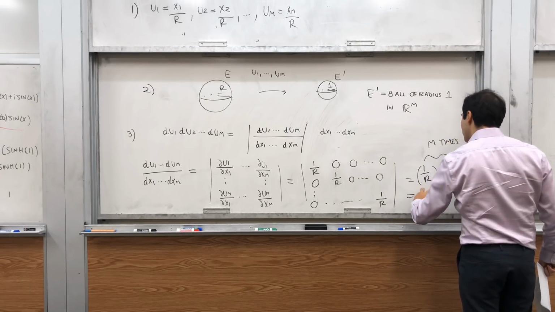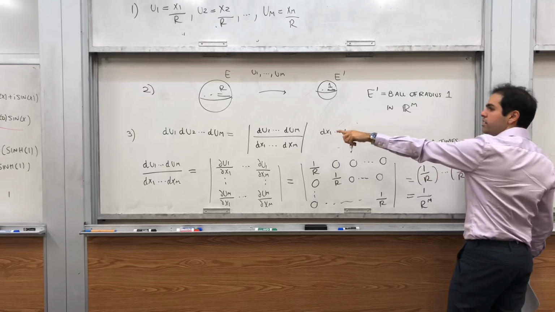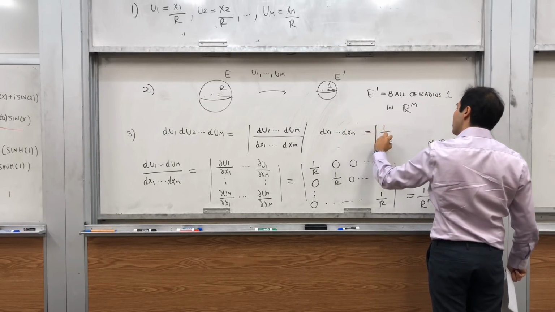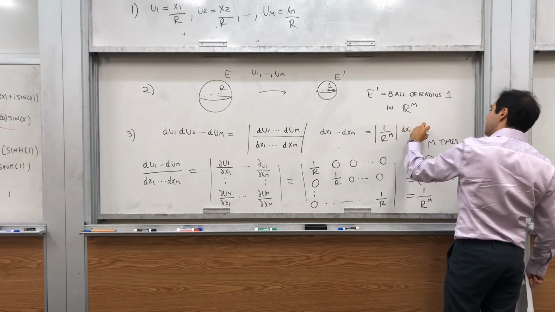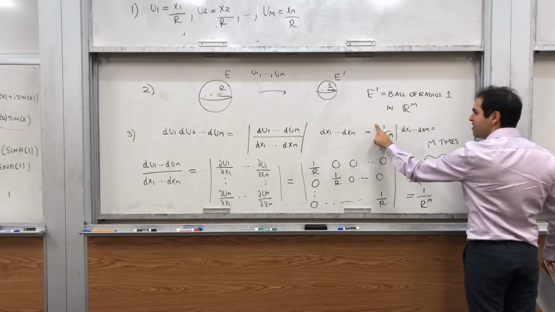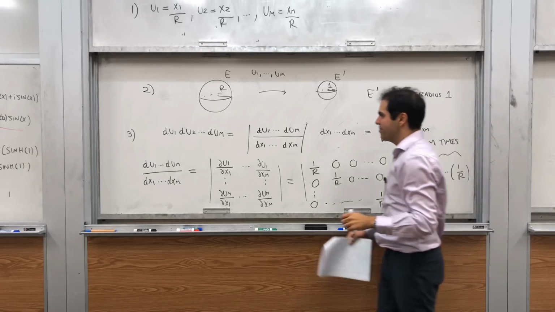And you get 1 over r to the m. So in particular, du1 up to dum equals the absolute value of 1 over r to the m, dx1 up to dxm. And this is positive, so you can just remove the absolute values. Good.